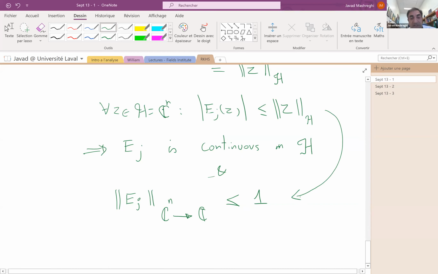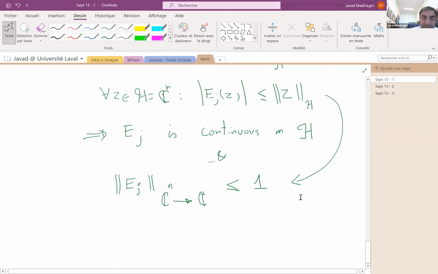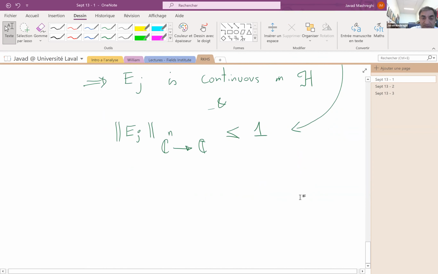But this is enough for us. So I add just in parentheses, actually, equality holds. But I don't need that. This implies that E_j are continuous. I already wrote that.